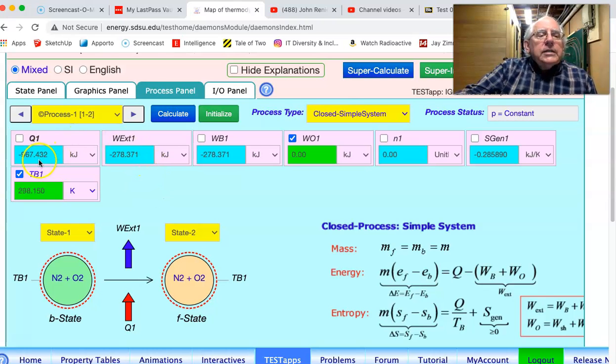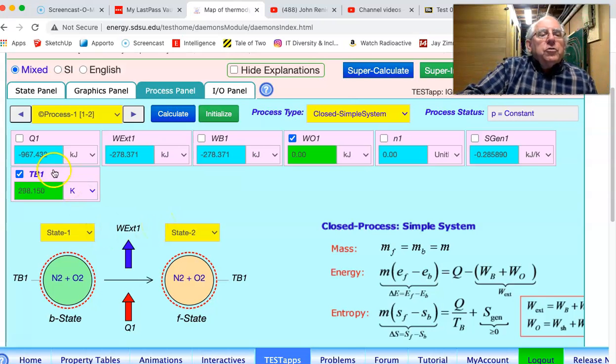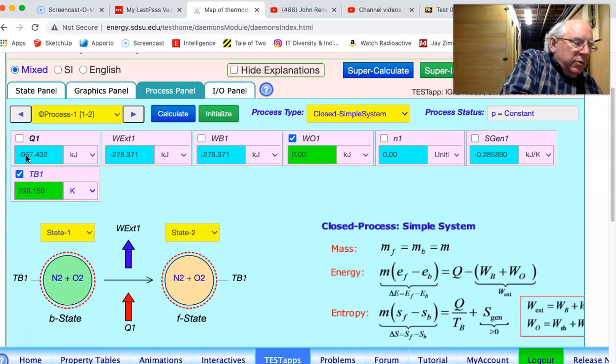And so it's the combination of these two in the first law that gives us the change in the internal energy of the process. That answers the questions for this first part. So for the case of ideal gases, the answer is 967 kilojoules.